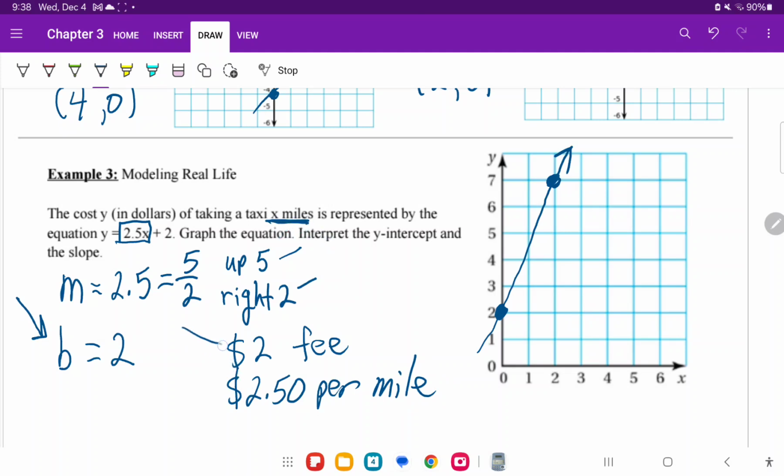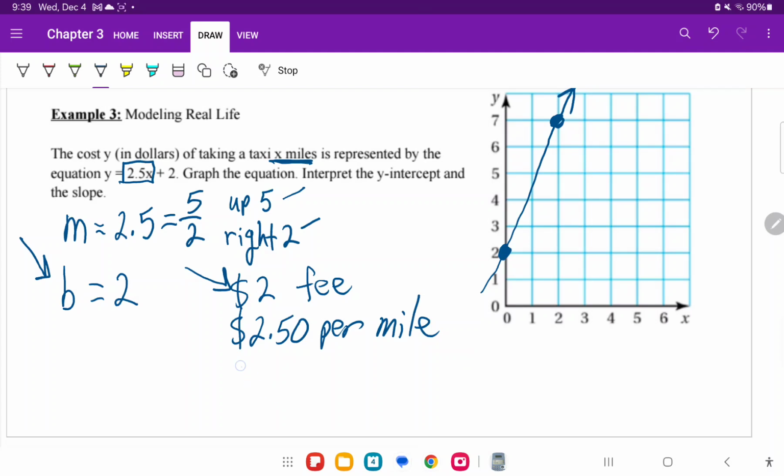So it's $2 to begin with, just to get into the taxi, and then it's $2.50 per mile. As we look at y, or the cost, y equals $2.50 per mile plus your $2 basic fee for getting into the taxi to begin with. Okay, good job.